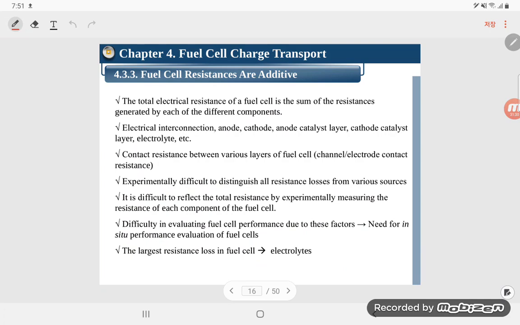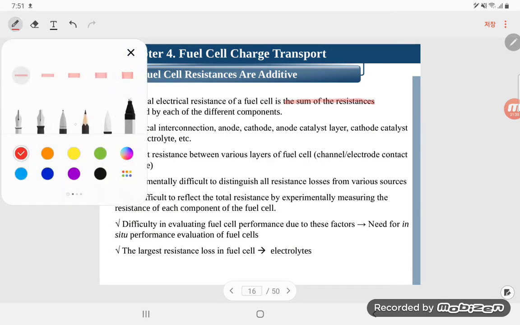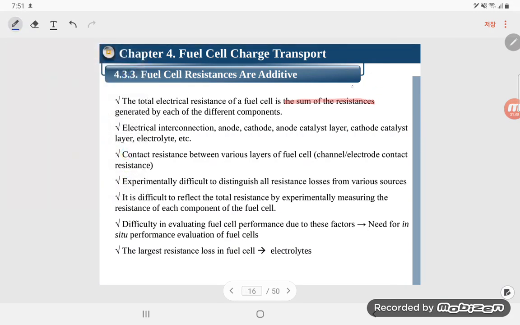Okay, let's read it together. The total electrical resistance of a fuel cell is the sum of the resistances. As we learned, this is considered in series, generated by each of the different components: an electrical interconnection, anode, cathode catalyst layer, and electrolyte.